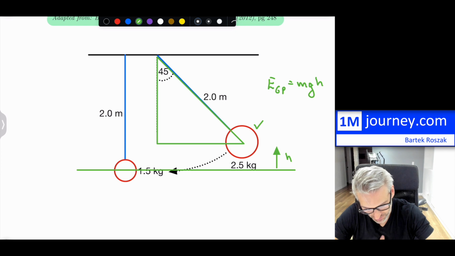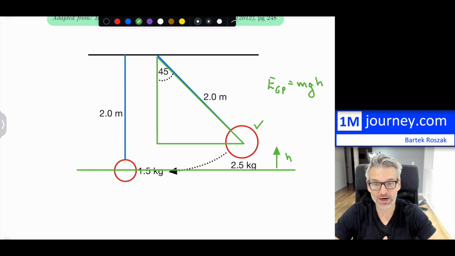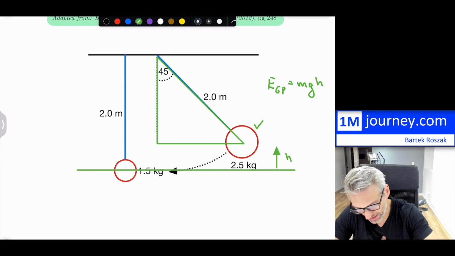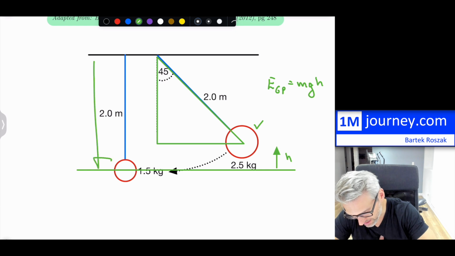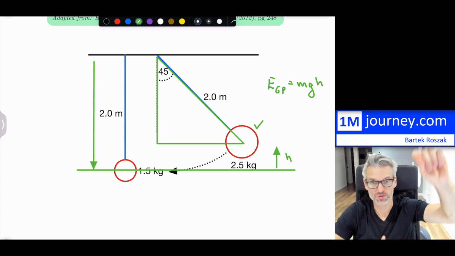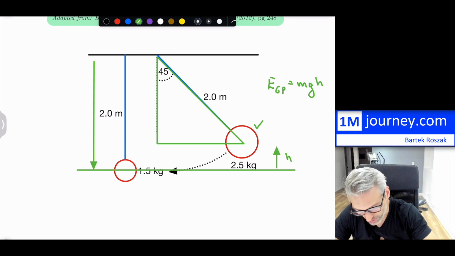Now here's the mass of the object. G is 9.8. Now that h I will be able to find. How? Because if I know that this total distance here is 2 meters, right? Well, that's the length, and then as it swung back down, I know where this is located initially.